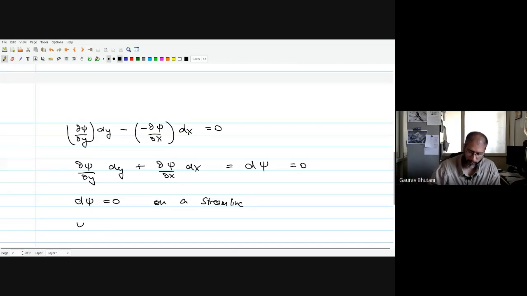So if I actually told you psi is a function of x and y, if you knew this mathematical function and you had to draw the streamlines, all you had to do was put this equal to some constant value, like for example, this equal to 0. So that will give you one contour, one curve. Then you put psi x y equal to 1. That gives you another curve. So you'll get different curves, and each curve is a streamline.